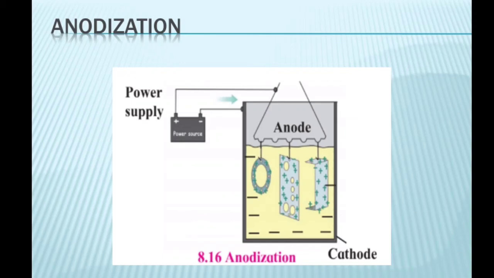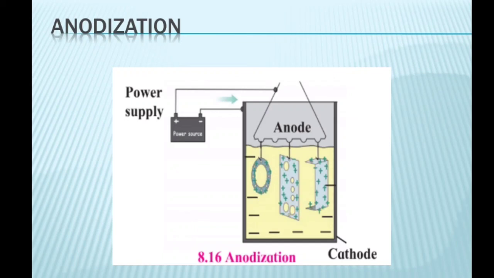Third method to prevent corrosion, anodization. In this method, metals like copper, aluminium are coated with a thin and strong layer of their oxide, that is, a combination with oxygen, by means of electrolysis. For this, the copper or aluminium article is used as anode. As this oxide layer is strong and uniform all over the surface, it is useful for prevention of the corrosion of the metal.